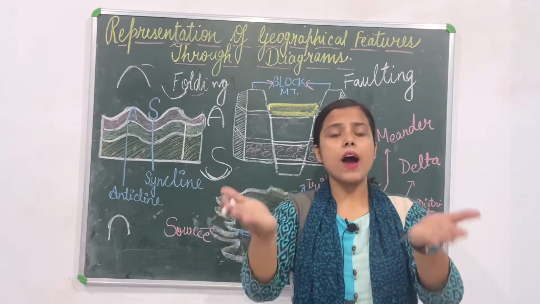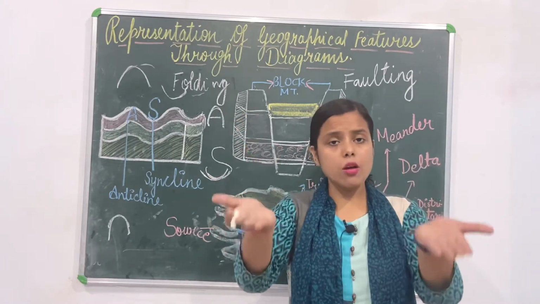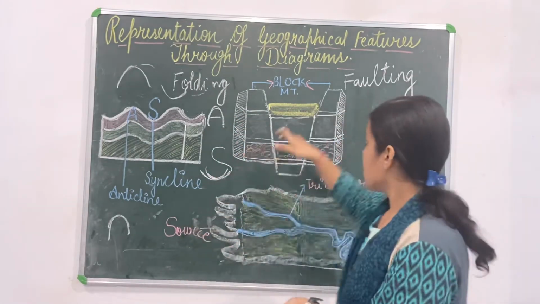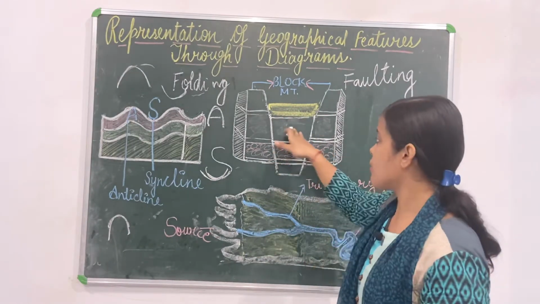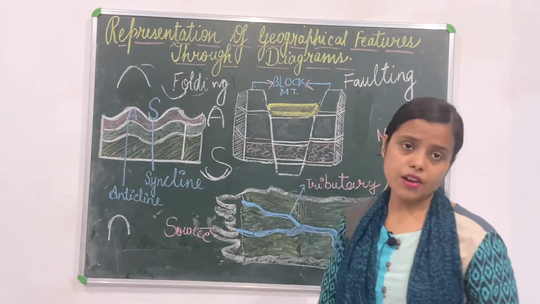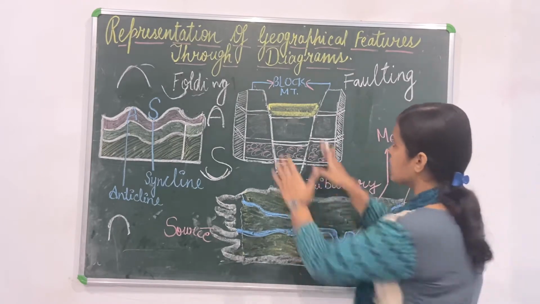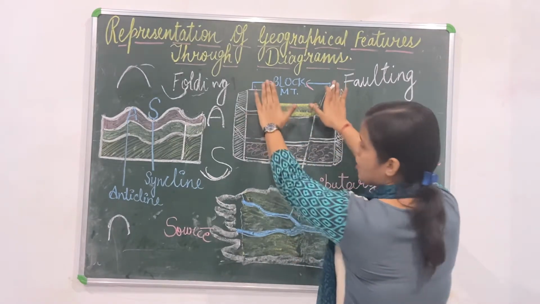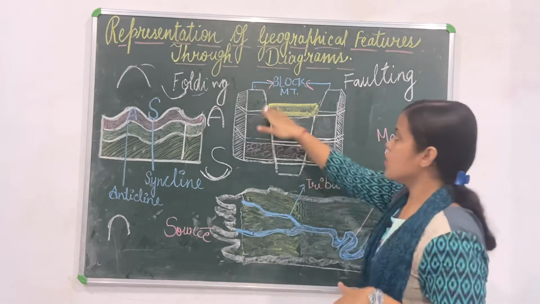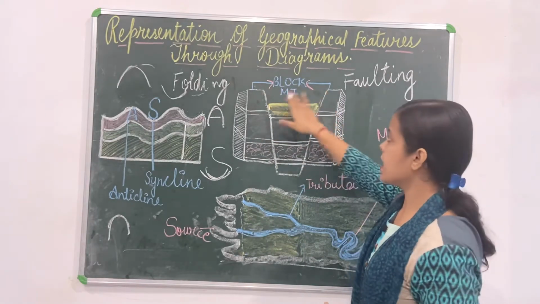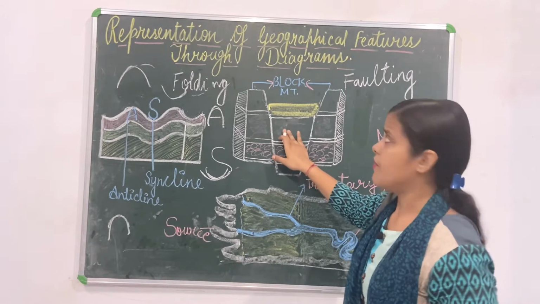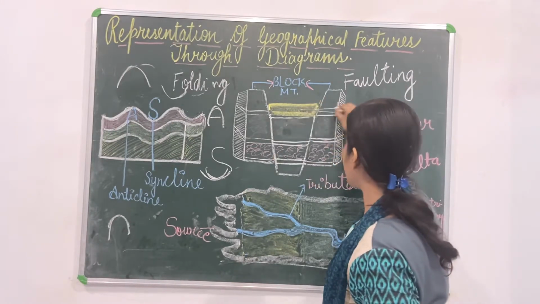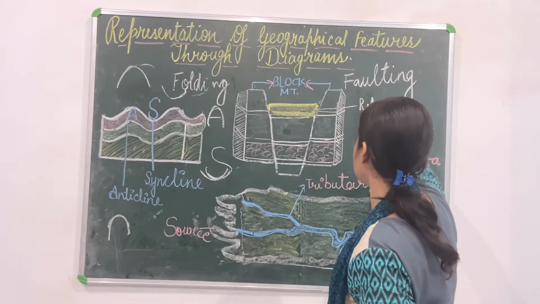So the raised part is known as block mountain, and the part which goes inside due to the crack or faulting is known as rift valley. See, these two are the lifted up, raised parts. This is known as block mountain, and between these two block mountains is the rift valley.